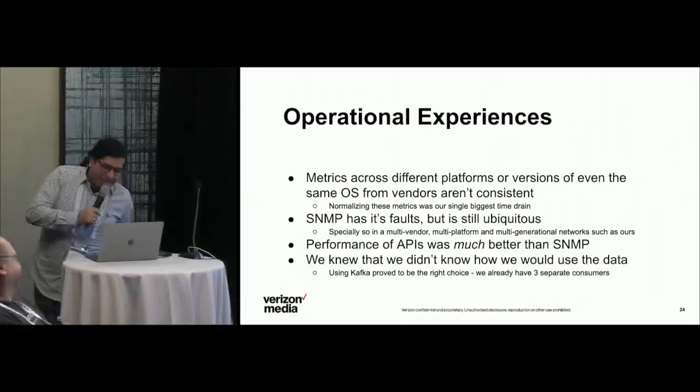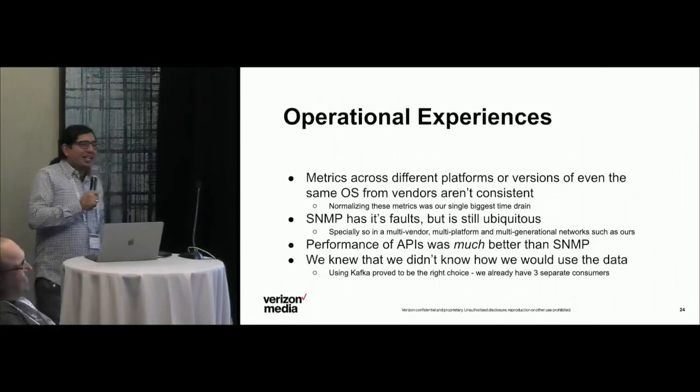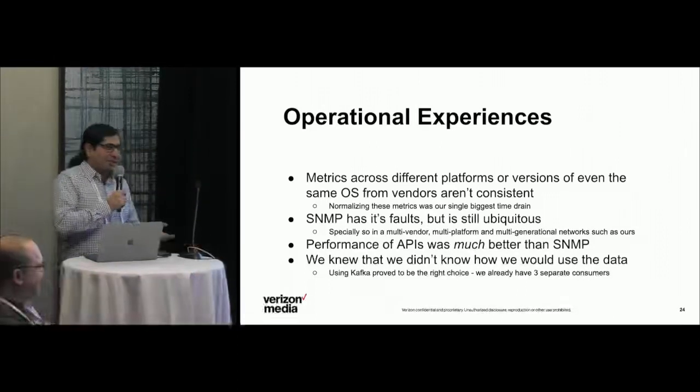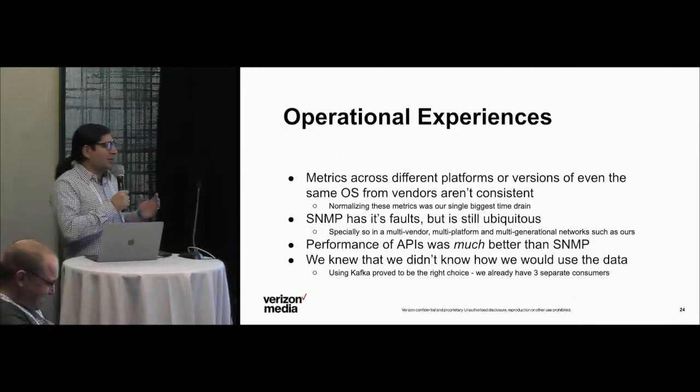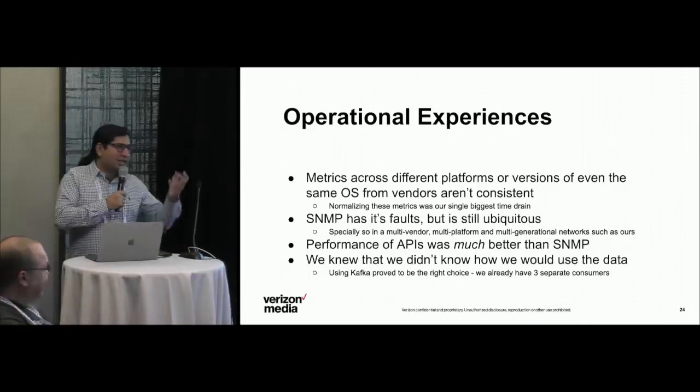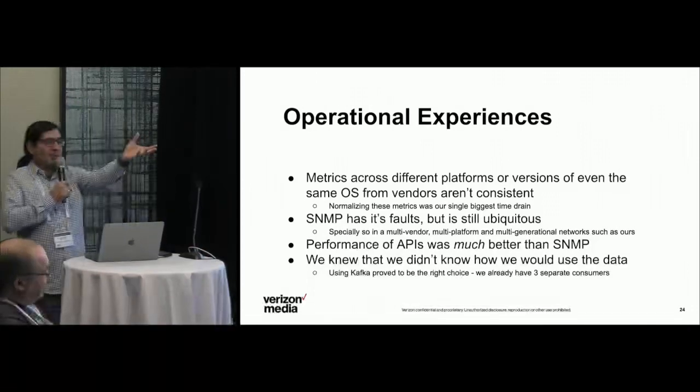Our single biggest time drain was getting and normalizing these metrics. Ian Holmes, who's sitting right up here, has done phenomenal work in making sense out of these metrics. CPU from one device does not mean the CPU from another device.